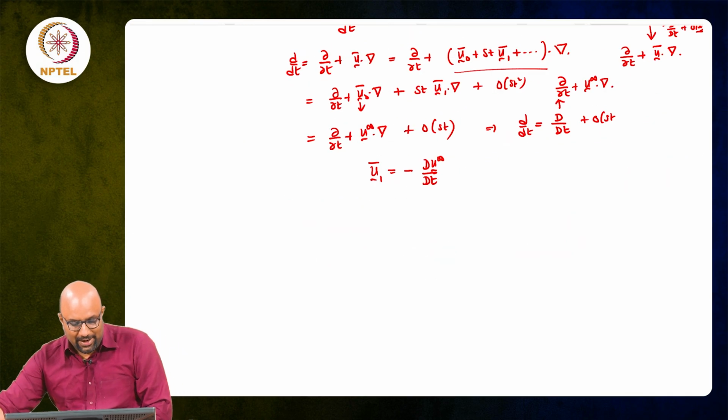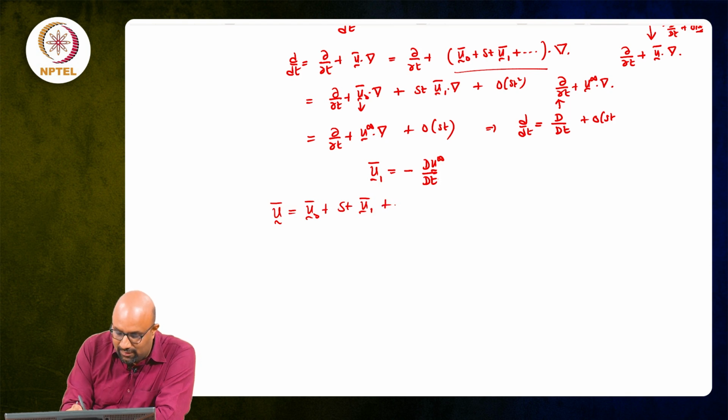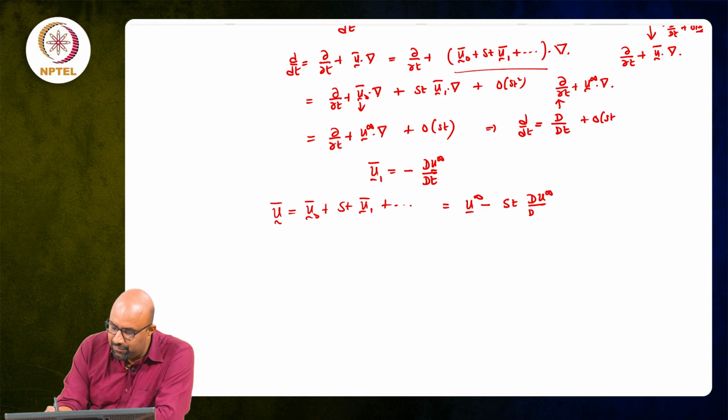So the final summary of this exercise is that the particle velocity, which is written as u naught plus Stokes u1 by solving that heavy inertial particle equation, turns out to be u infinity minus Stokes d dt of u infinity, and then there are order Stokes square terms.